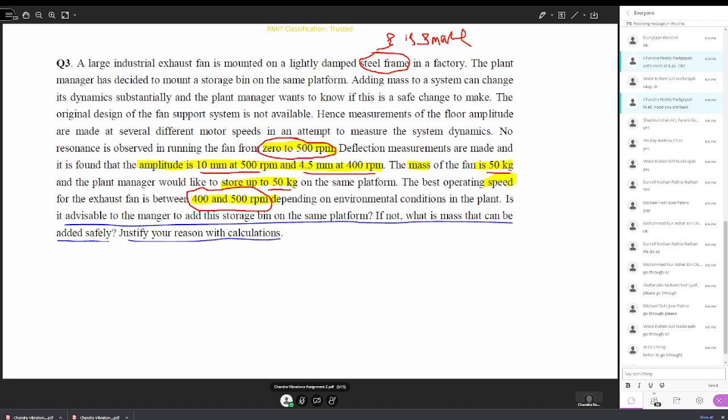Now, based on the data which the plant manager has measured, the amplitudes at two different frequencies, is he justified to add the mass or not? Okay, so if he cannot add the 50 kg, then how much can he add? So this is a problem based on the response of the system.